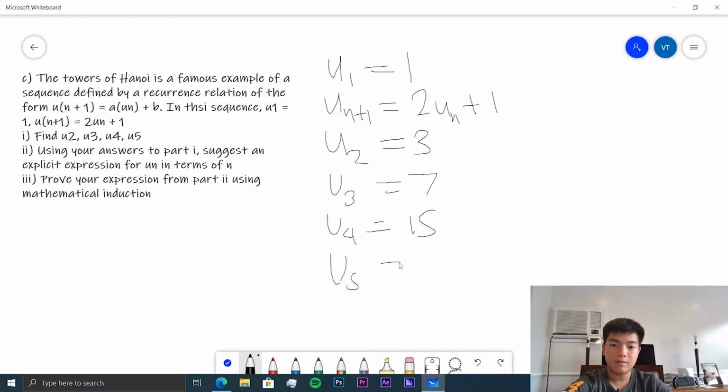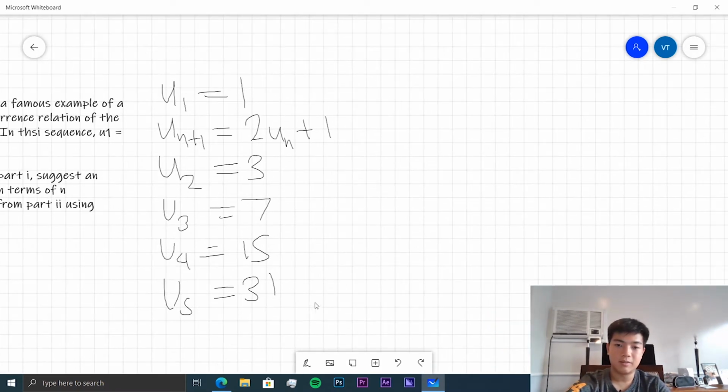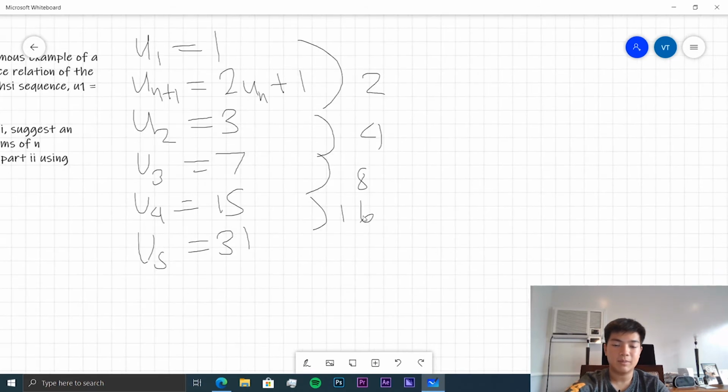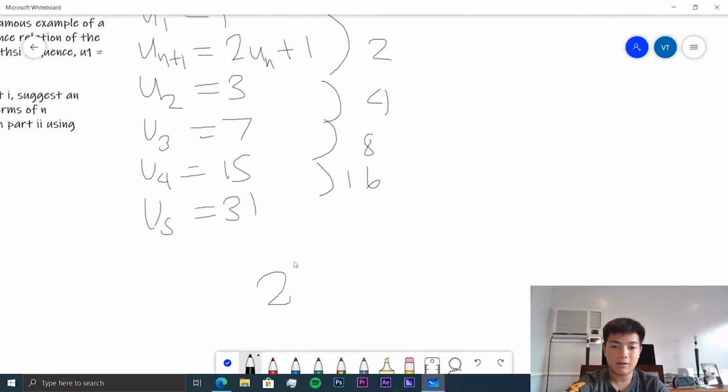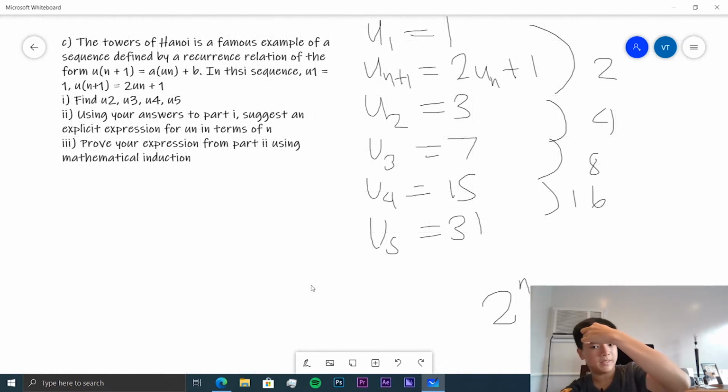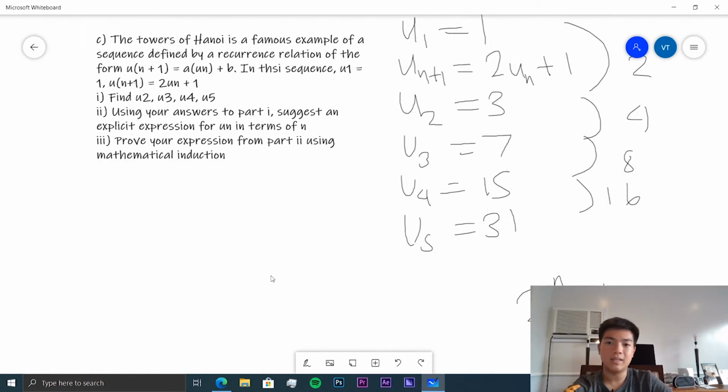And the fifth term is equal to 31. So, using your answers to suggest an explicit expression, well, what are we doing here? We are increasing by 2, 4, 8, 16. So it looks to be the expression 2 to the power of n minus 1. So prove it using mathematical induction.